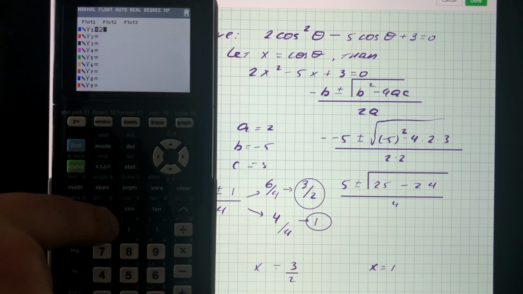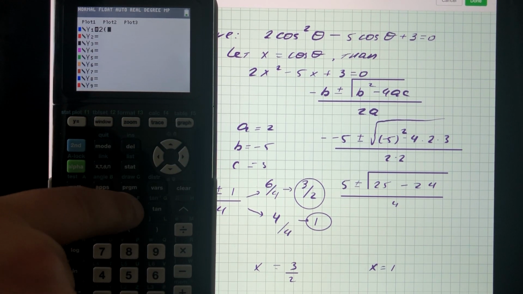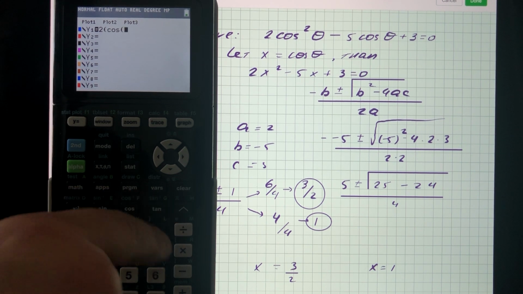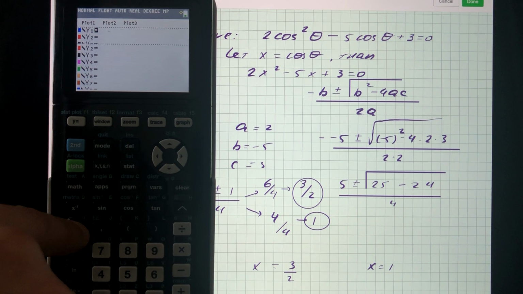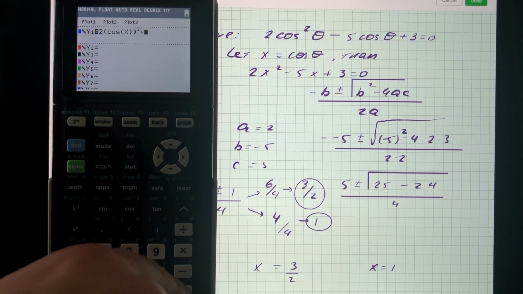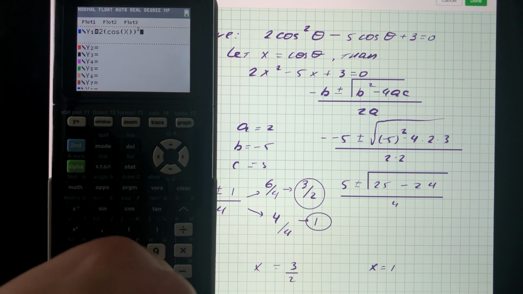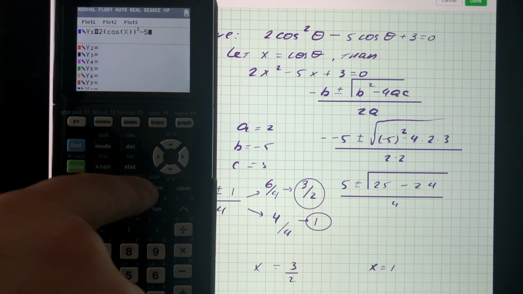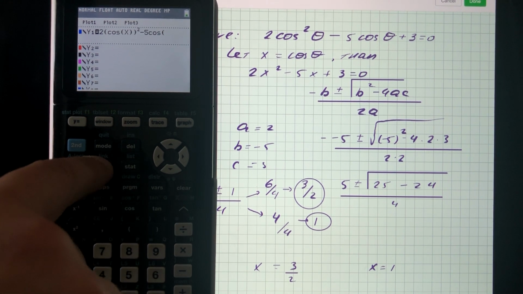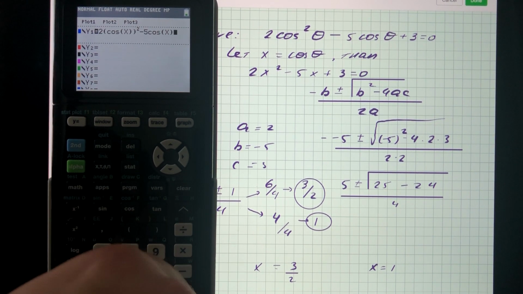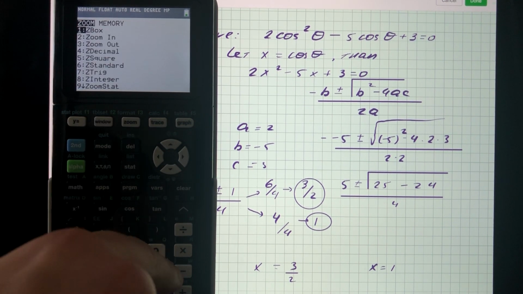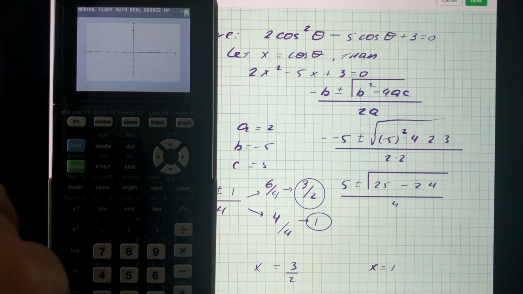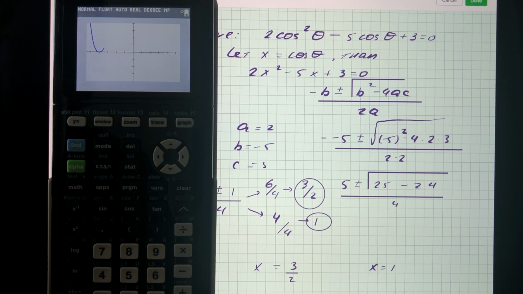Now cosine is squared, and so it may be easier to type in cosine in parentheses and then close the parentheses and then square. Now minus 5 cosine x plus 3. And now we're looking for the places where this graph crosses our x-axis, which is equal to 0.